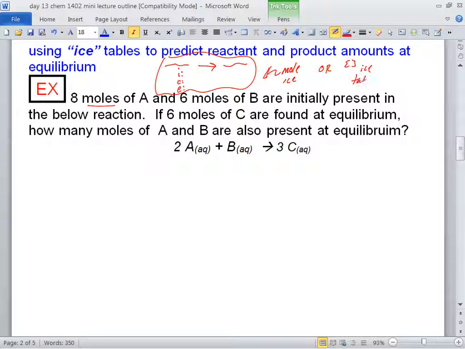They're both perfectly legit. Just what's not legit is a grams ice table, because reactions involve numbers. This number of molecules react with this number of molecules to make this number of molecules. So you got to be talking about moles or concentration. All right. We want to know how many moles of A and B are also present at equilibrium. So you make an ice table.